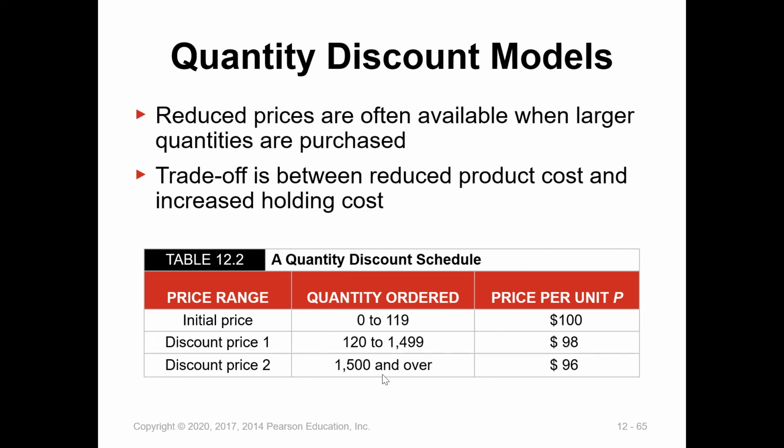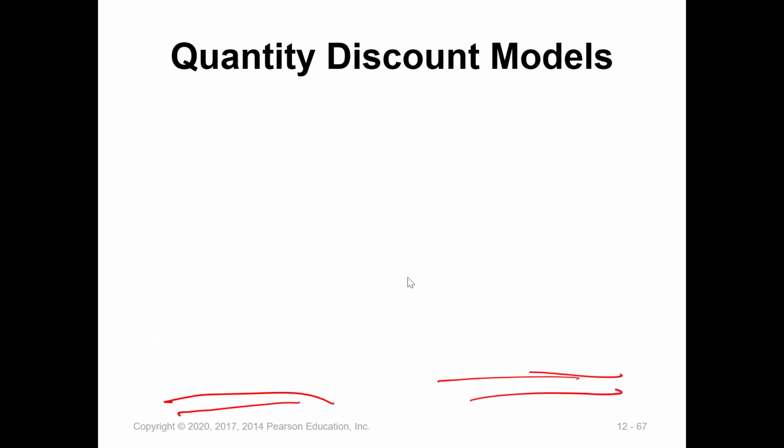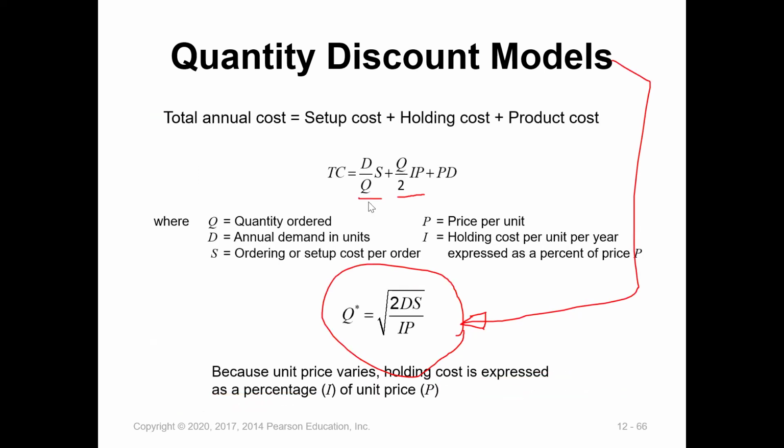But if we buy 1500 or over, the price will be, for example, 96. This is the discount. Like when they say if you buy a case of Coca-Cola, the price will be $6, for example. But when you buy one bottle, it is like $2.99, right? That's the discount for quantities.